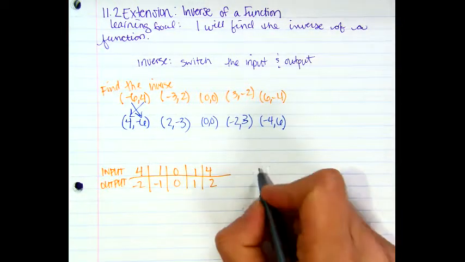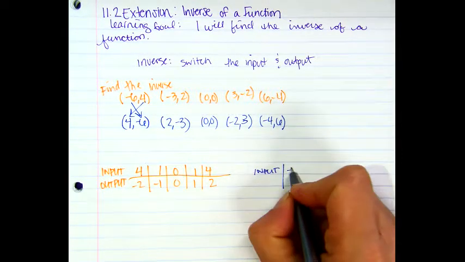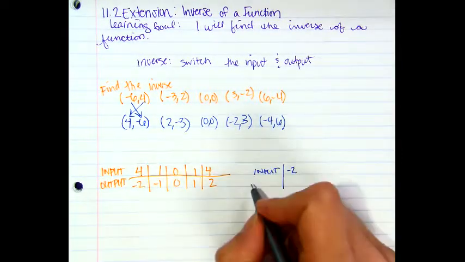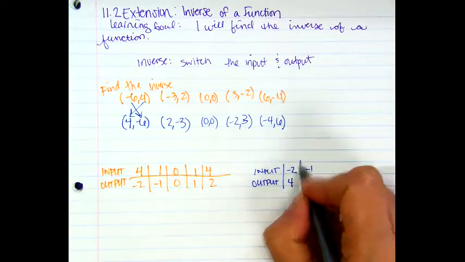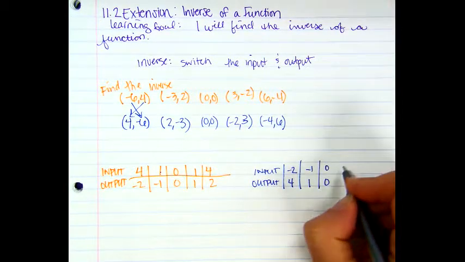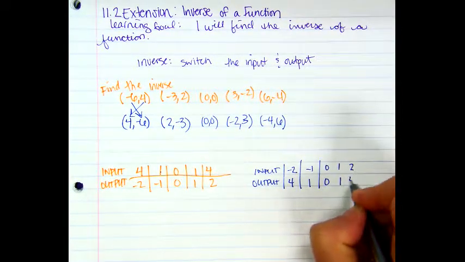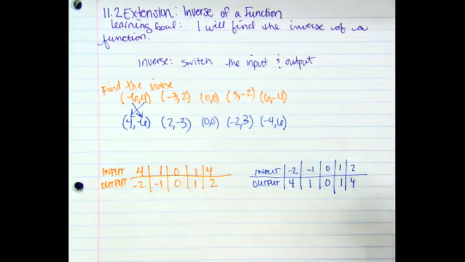And again, it's just by switching the input and the output. So my input will now be negative 2. My output would be 4. My input would be negative 1. My output is positive 1. 0, 0, 1, 1, and 2, 4. So I just switched my input and my output.